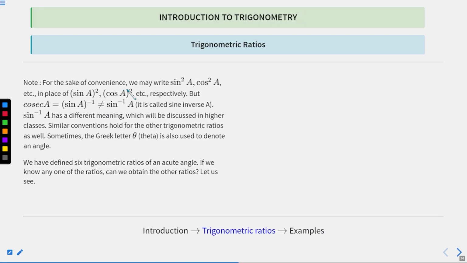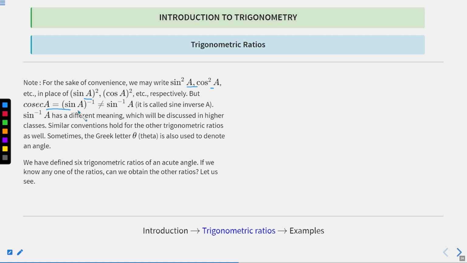For the sake of convenience, we may write sine square A, cos square A, etc. in place of (sine A) whole square, (cos A) whole square, etc. respectively. But cosec A is equal to (sine A) whole inverse, but does not equal sine inverse A. So note it down.